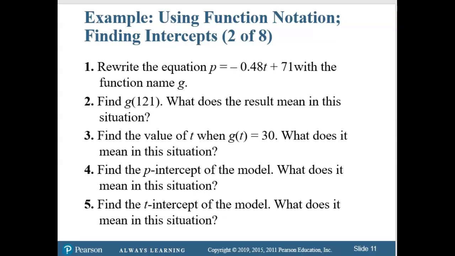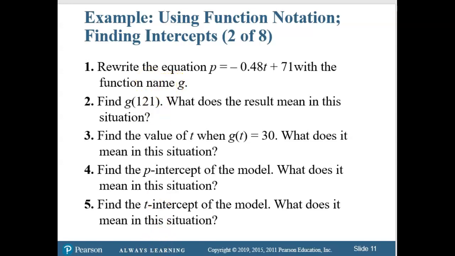Next, we worked a little bit on this in class, so it may be in your notes, but I thought we felt rushed. So we're going to find, number 2 says we're going to find G at 121. So the input variable T is 121, and we're going to find out what the result means.